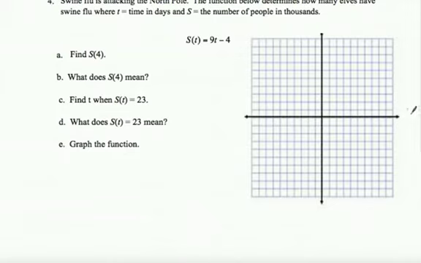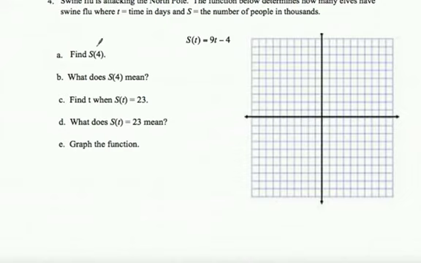Number 4 says, swine flu is attacking the North Pole. The function below determines how many elves have swine flu, where t equals time in days and s equals the number of people in thousands. So then they give you this function, s of t equals 9t minus 4, and they want you to find s of 4.